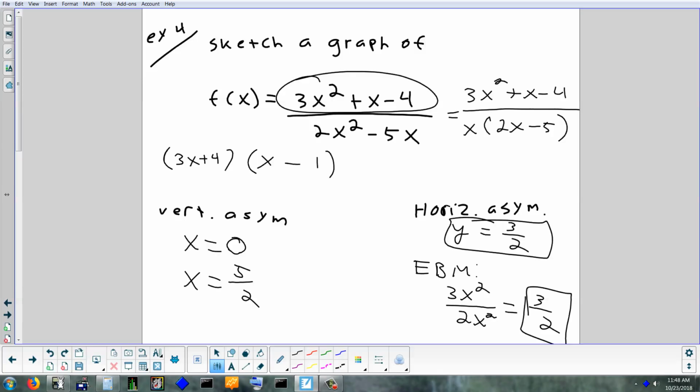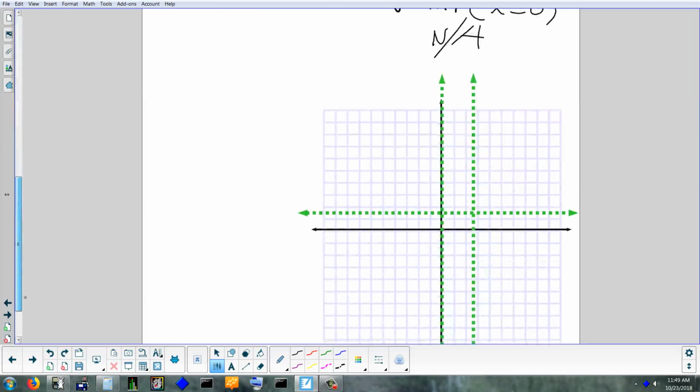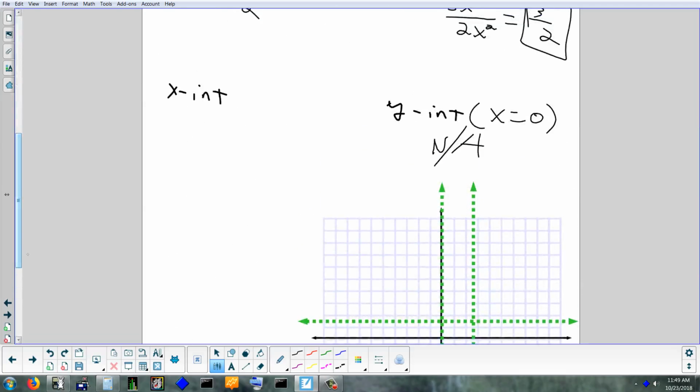So that means I'm going to have 2 intercepts. It's going to cross this axis, the x-axis, twice. All right, so let's see how that's going to look. It's going to cross when x is 1. So x-intercept, x equals 1. If you want to write it as a coordinate, 1, 0.